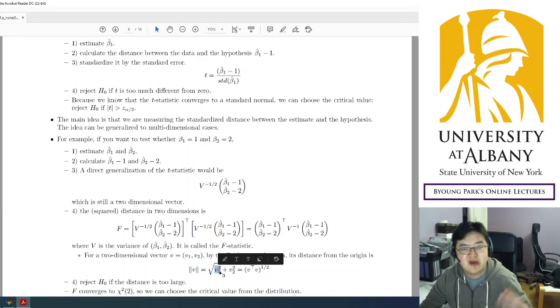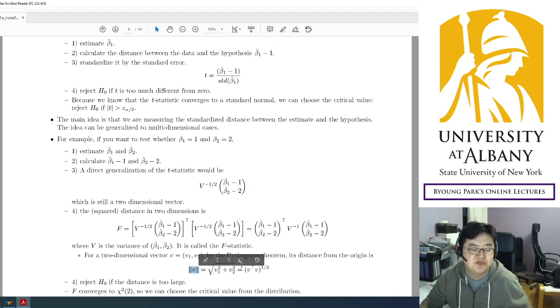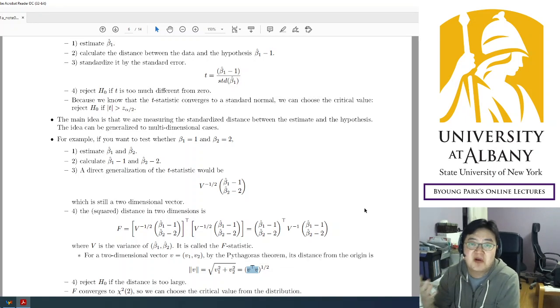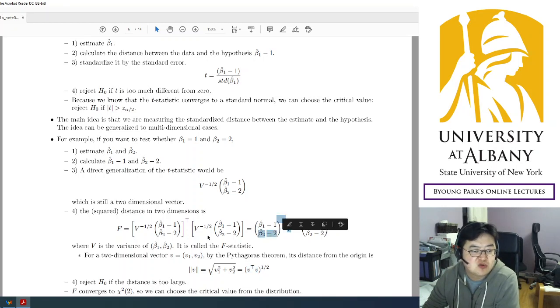Even if you have more than 2 dimensions, the formula is still the same. This is the standard Euclidean distance. Then ignoring the 1/2 exponent, we are simply taking this part, which is the squared distance. Then we use the quadratic form.